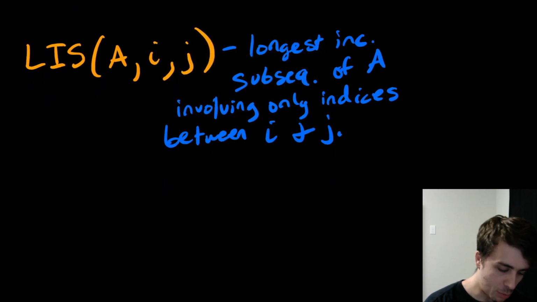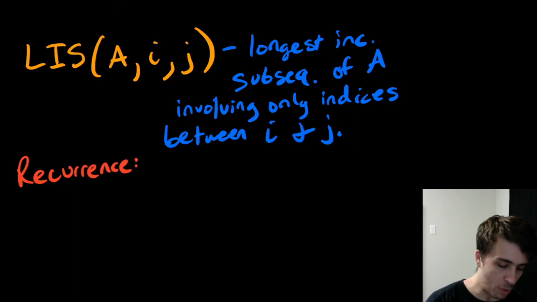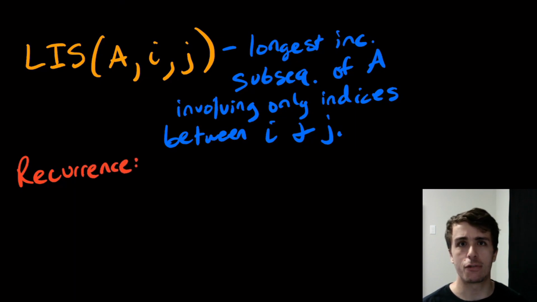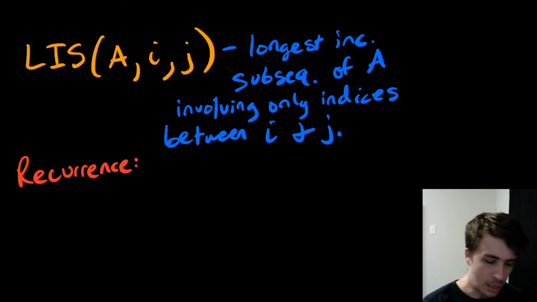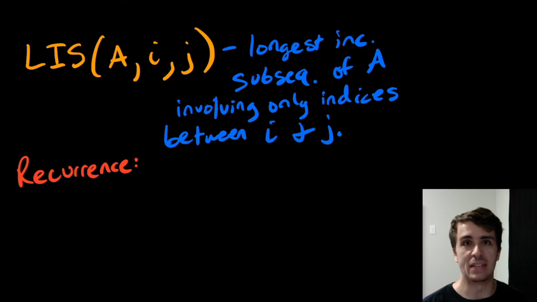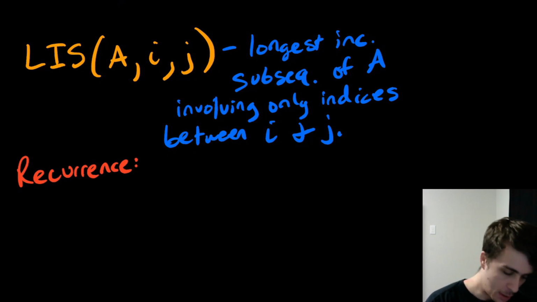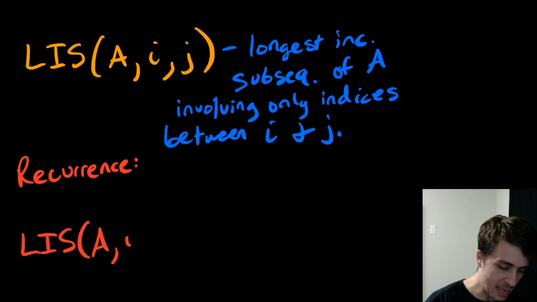So here's what we're going to do. It's something called recurrences, and it's not exactly the same as the recurrence relations we talked about in the discrete stuff, which was figuring out the runtime of things. We're actually looking at how to relate this to smaller versions of itself. So, LIS of A, i, and j.